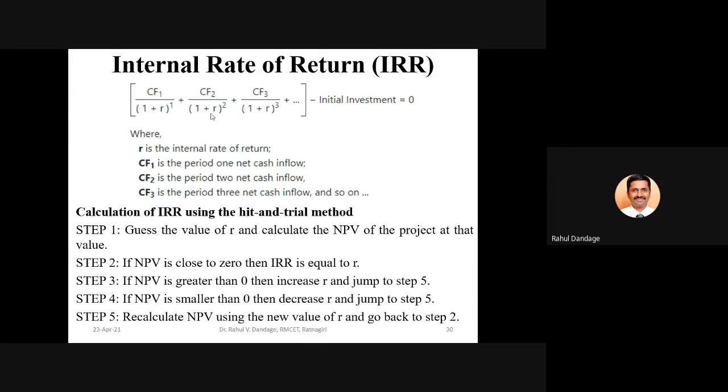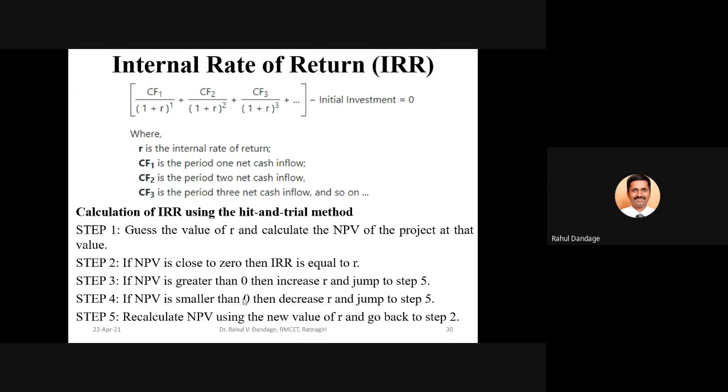Since R is in the denominator, we should increase the value of R so that the value is brought downwards, and check whether it is coming approximately equal to 0. If the NPV by the assumed value is smaller than 0, then we should decrease the value of R so that the denominator decreases, which means this value will increase and the NPV can be close to 0.